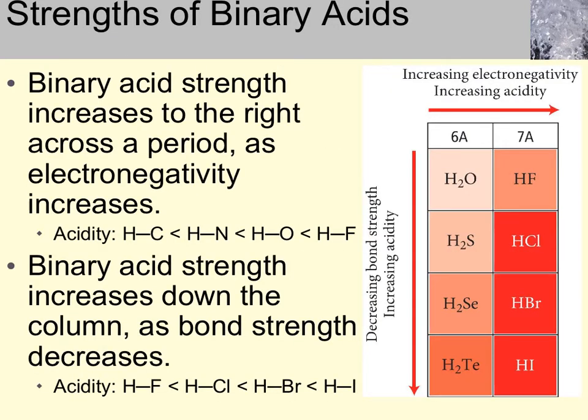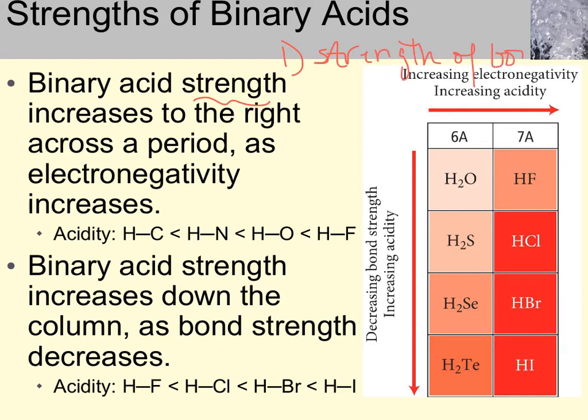So what about the structure makes an acid a strong acid or a weak acid? The strength of an acid depends on two things. One, on the strength of the bond between the hydrogen and the atom it's attached to.